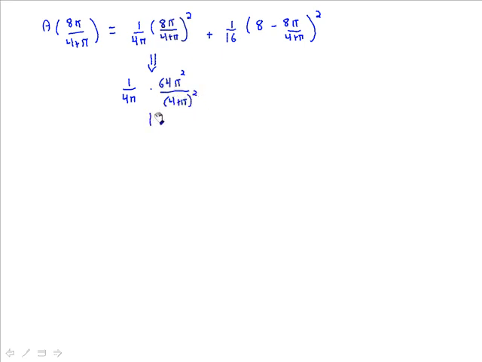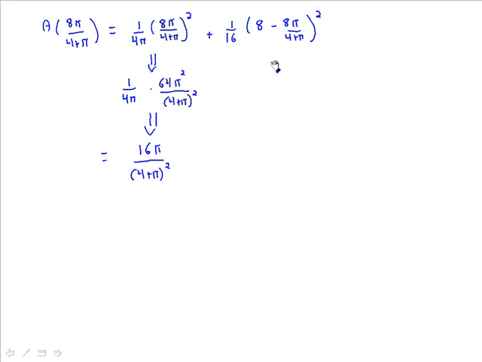And I'm going to work this one down all the way, because that 64 over 4 is going to leave you with 16, and then 1 pi left on top. So 16 pi over 4 plus pi to the 2. Okay, so that's not too bad.